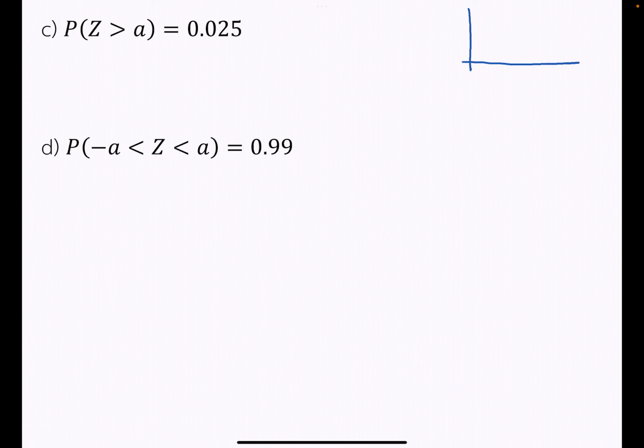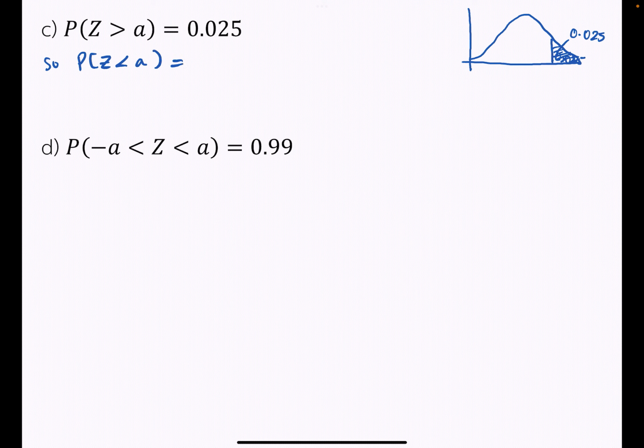And since we don't have the table for greater than, we are looking for the value of A so that the probability at the tail is 0.025. So we need to convert it to the other side.